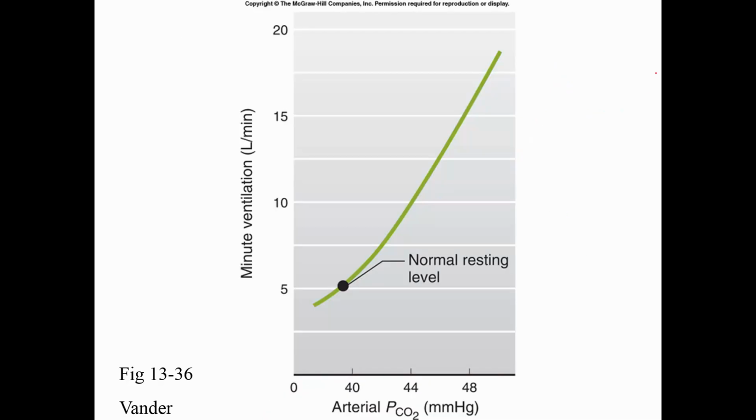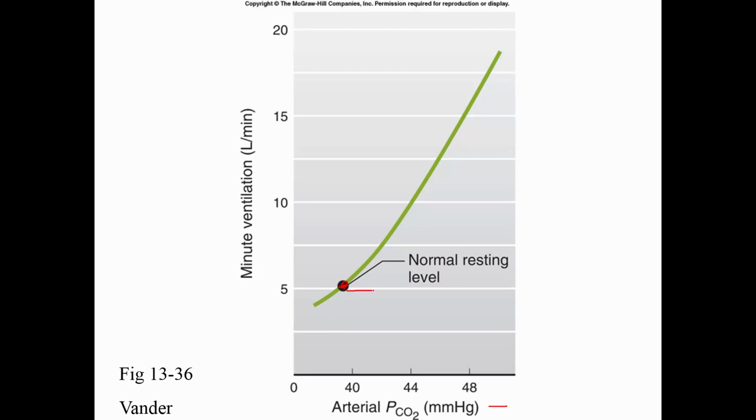So here's a diagram from your textbook Vander. Notice our x-axis is arterial PCO2 measured in millimeters of mercury. And then our y-axis, or our outcome variable, is minute ventilation in liters per minute. So around 40 is a typical arterial PCO2.